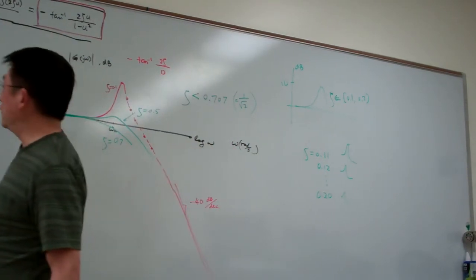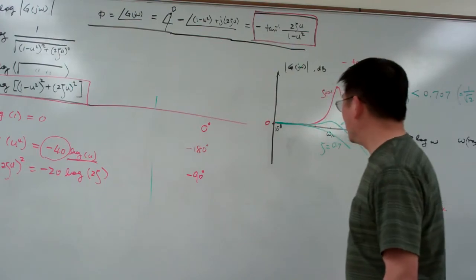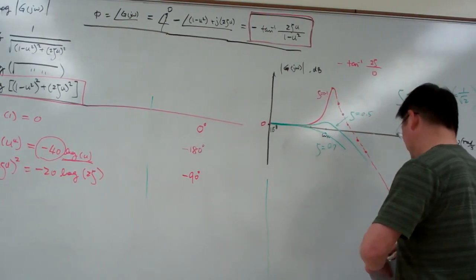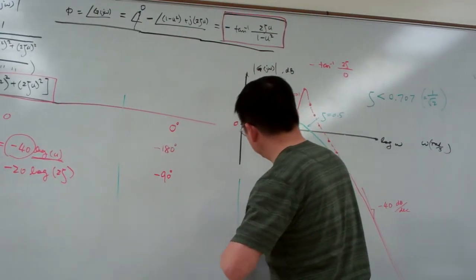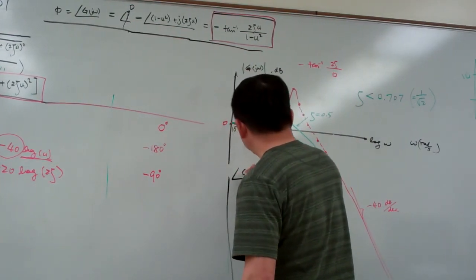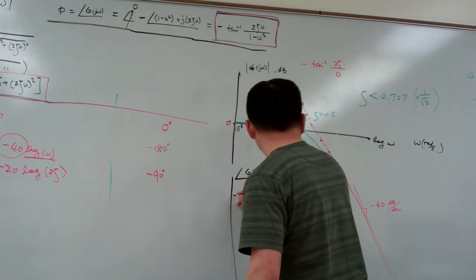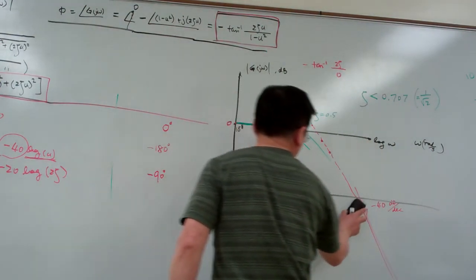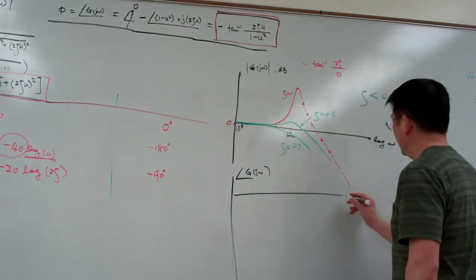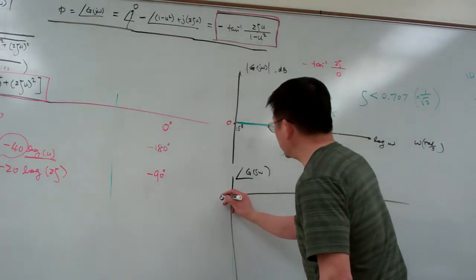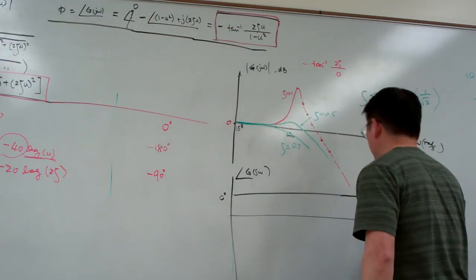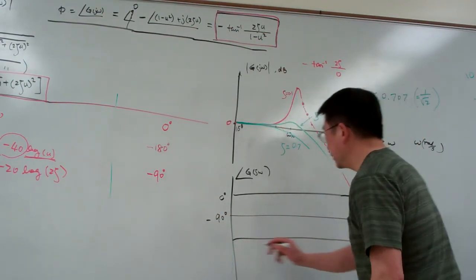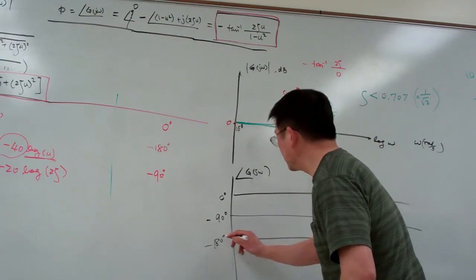And for the phase, it's pretty straightforward. So that is the phase: 0 degrees, minus 90, and minus 180.